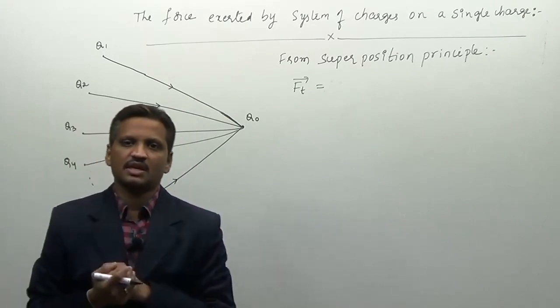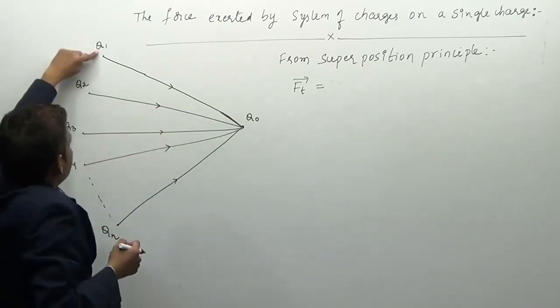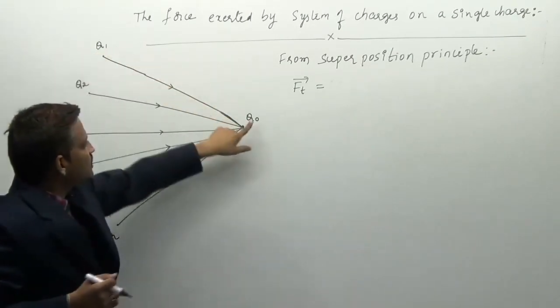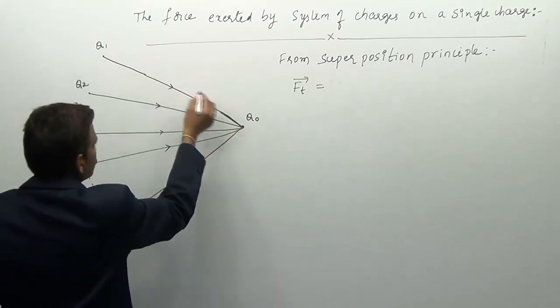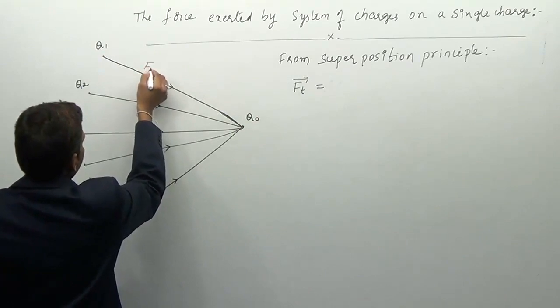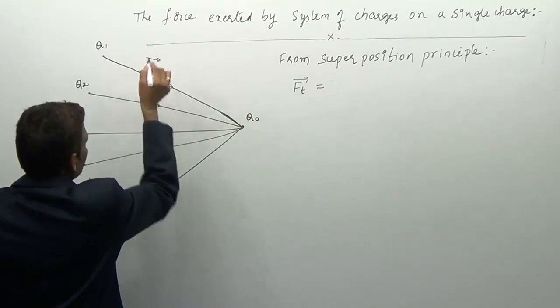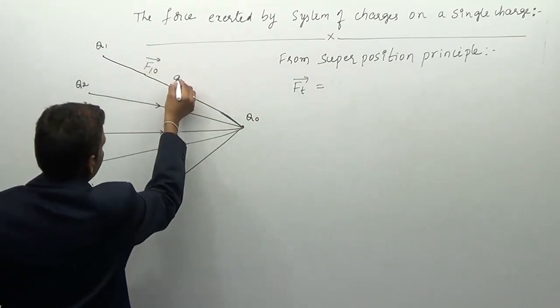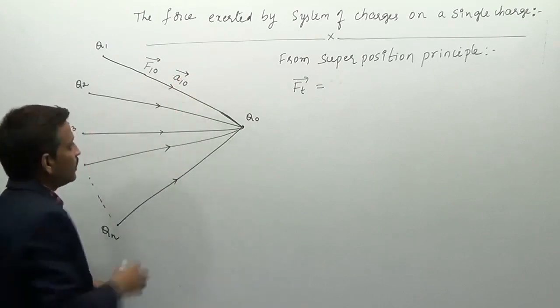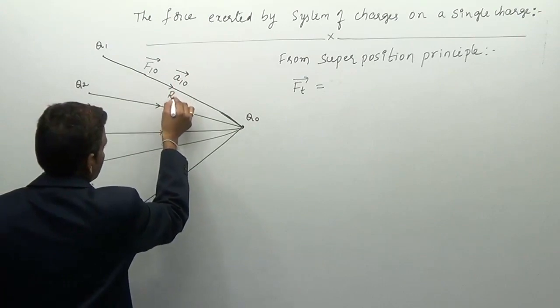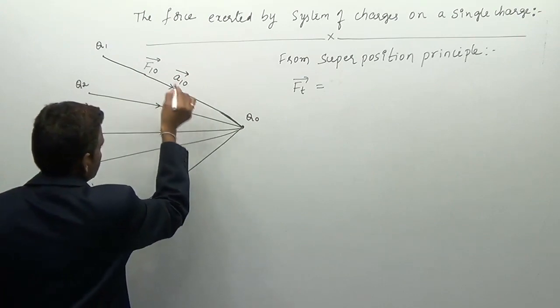But here the first charge is Q1 and the second charge is Q0. So this force we should call F10, the unit vector in that direction A10, and the position vector R10.